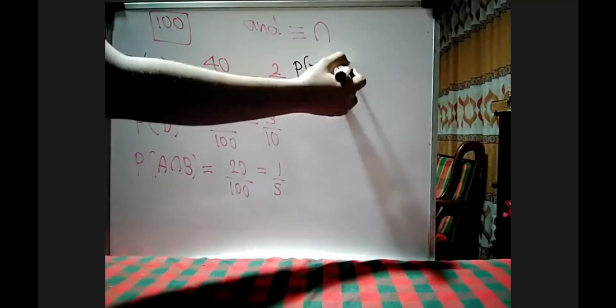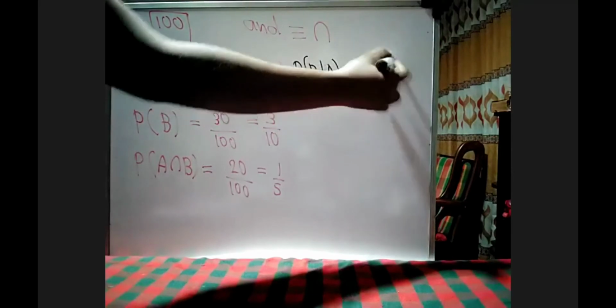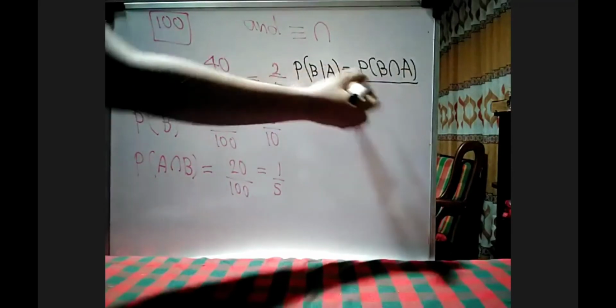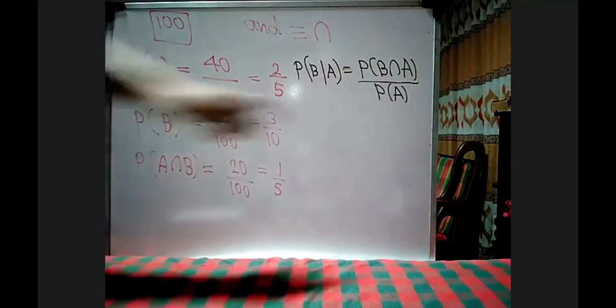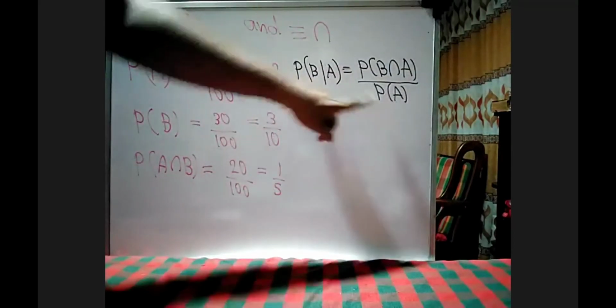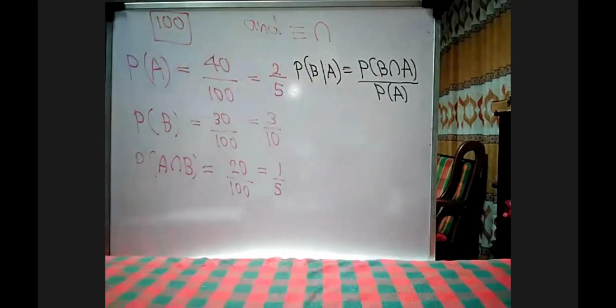Then we can apply the equation P(B intersection A) divided by P(A). Always we have to write the denominator event, that is the second event.